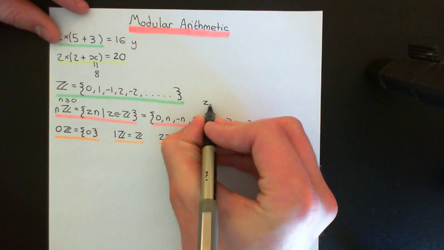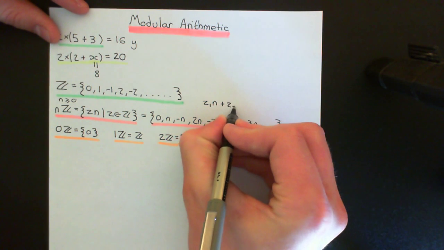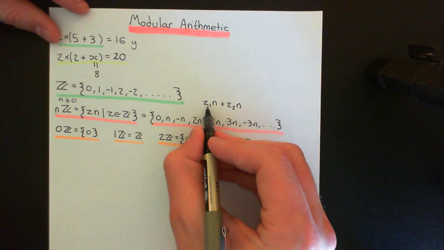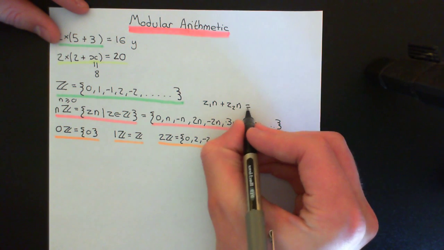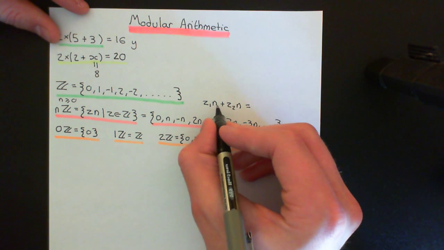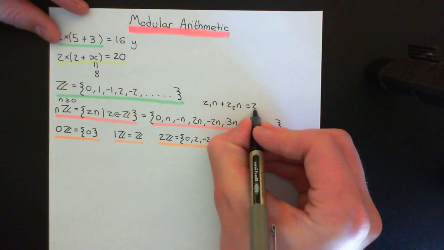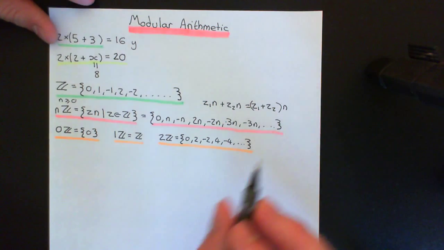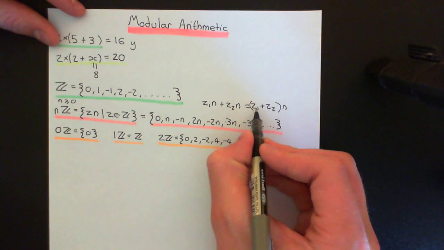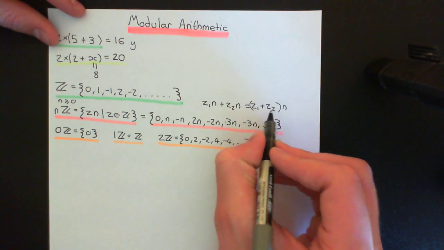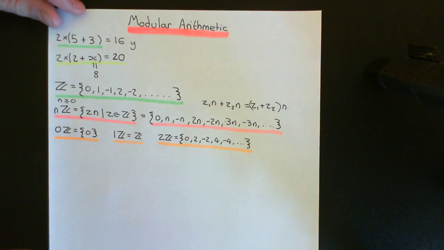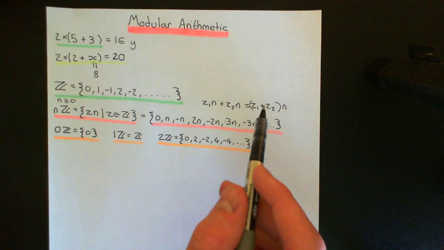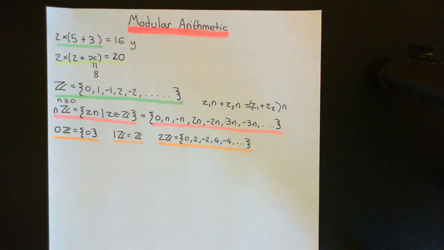For instance, if you take z1 times n and add it to z2 times n, where z1 and z2 are both integers, two arbitrary elements from this set, you can apply the fact that multiplication distributes over addition and factor out the n, so you'll get z1 plus z2 times n. And of course z1 plus z2 is just another integer, so indeed this will be back within this set. So I have now shown that if you add any two elements of a set of this form together, you will get another element that's back within that set.